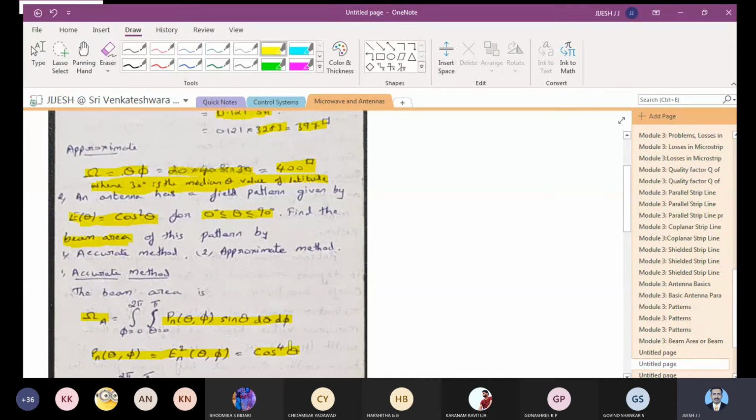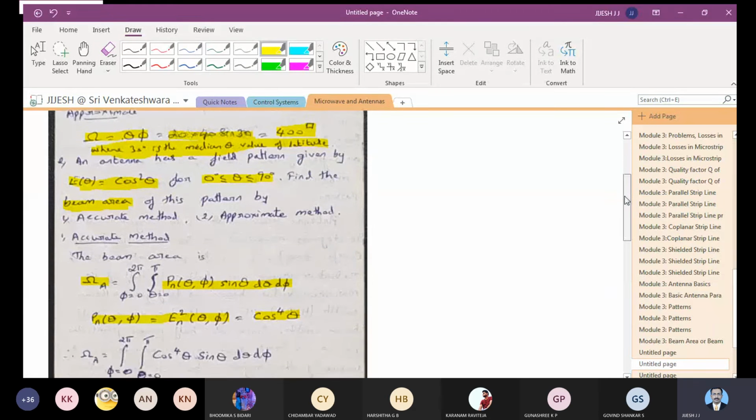Now it is pure mathematics from here on. You have to substitute omega A equals integral 0 to 2 pi, integral 0 to pi, cos raised to 4 theta sin theta d theta d phi. Here one more small change you have to make. The equation of theta is from 0 to pi, but in this question it is specifically mentioned that theta ranges from 0 to 90 degrees.